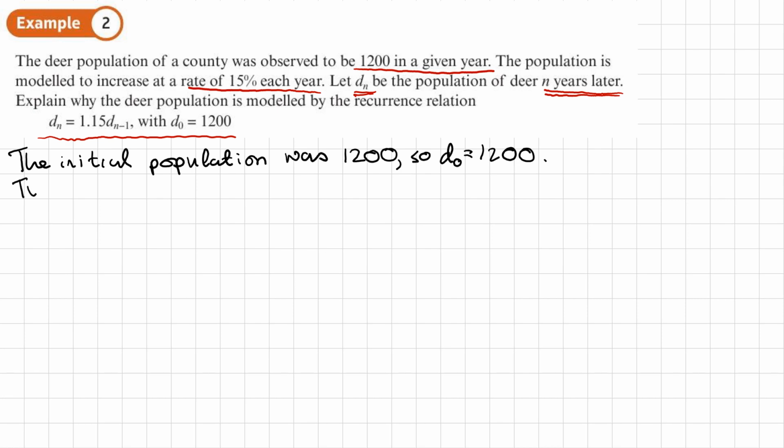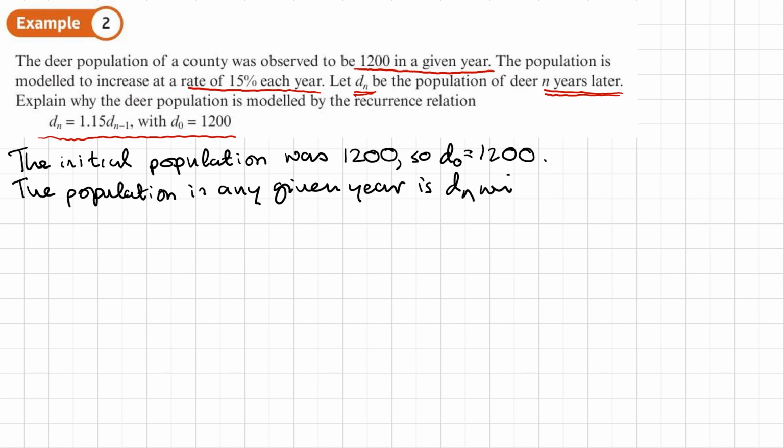The population in any given year is dn, which is what we're told in the question, and will be the population in the previous year plus 15%.